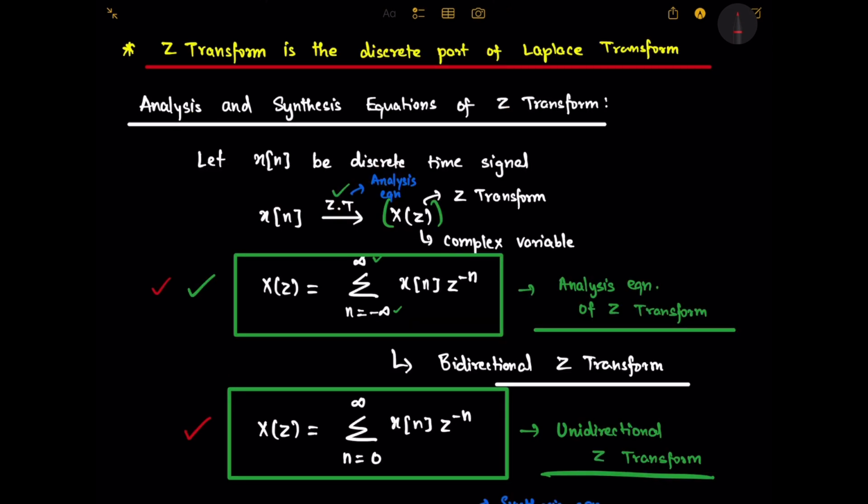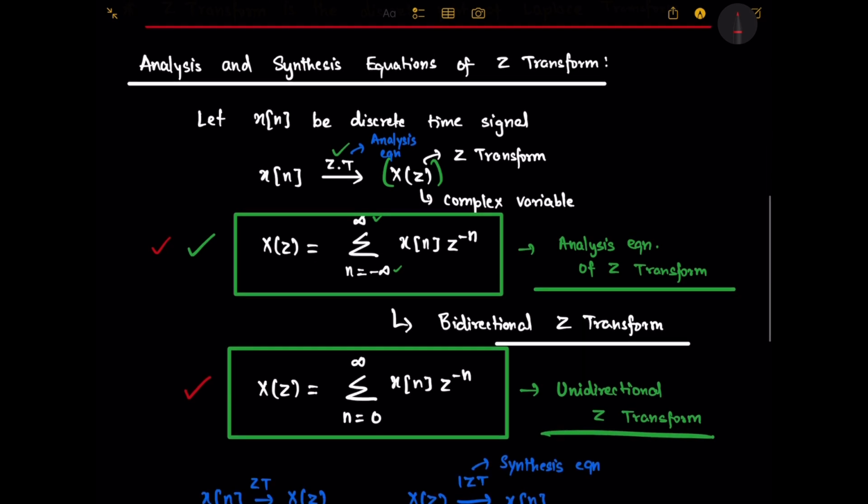Next we saw the analysis and synthesis equations of Z transform. Let us consider a discrete time signal x of n. If we apply Z transform on it, we will get X of z, where z is a complex variable. This is how Z transform is defined, and this is called the analysis equation of Z transform.